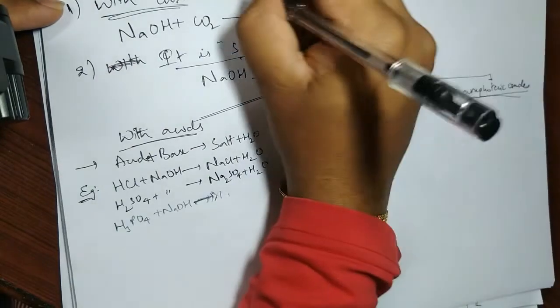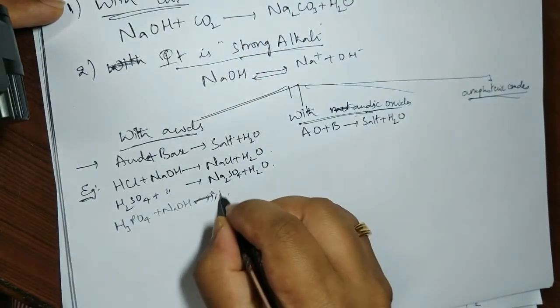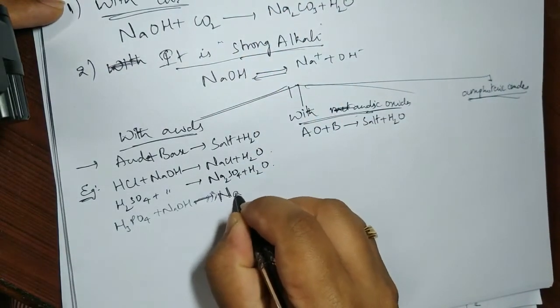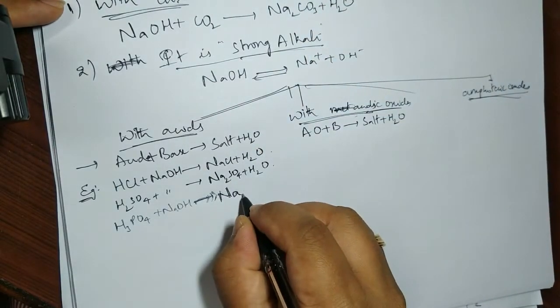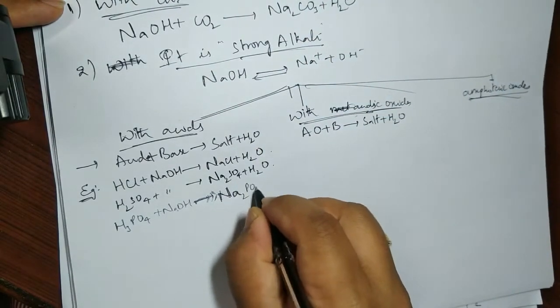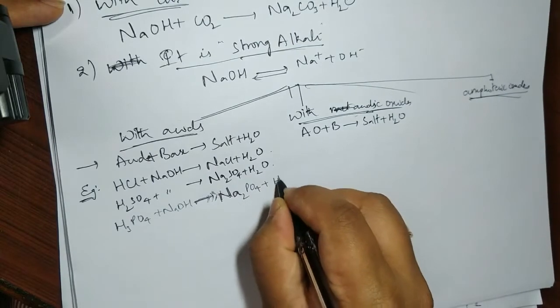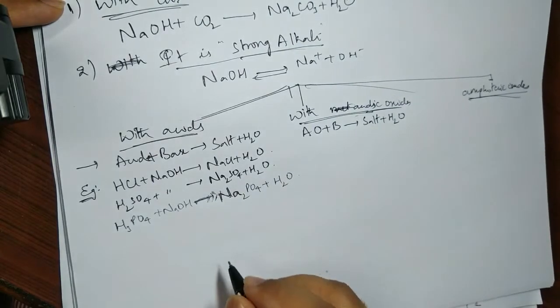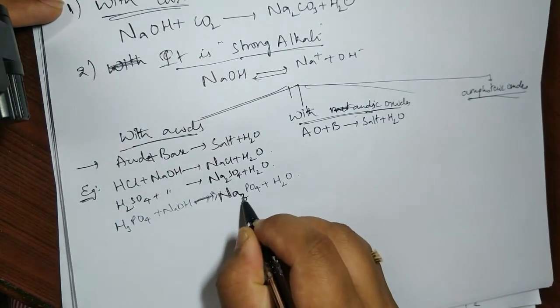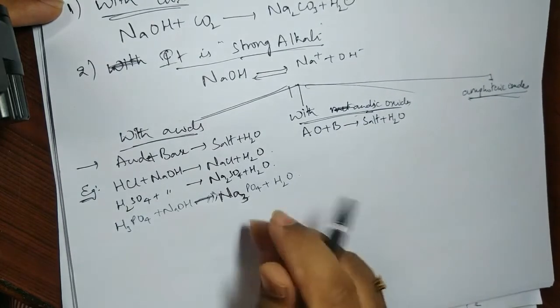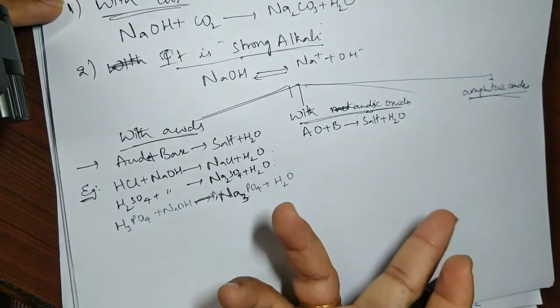Sodium phosphate plus water. So this is how you find it, Na3PO4 plus water. So this is how you can say acid plus base gives salt and water, very simple.